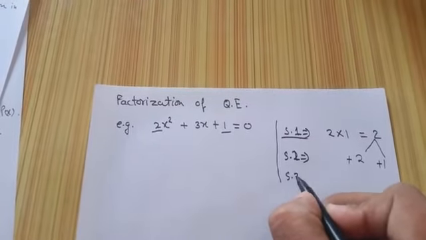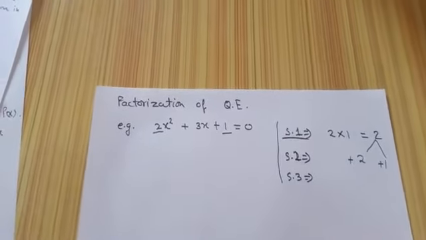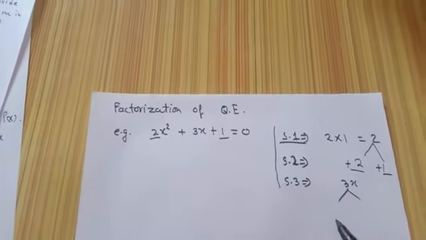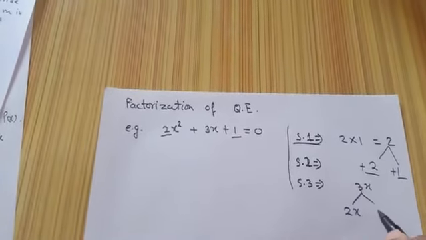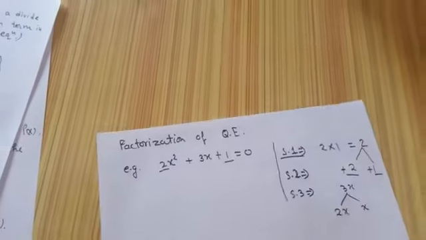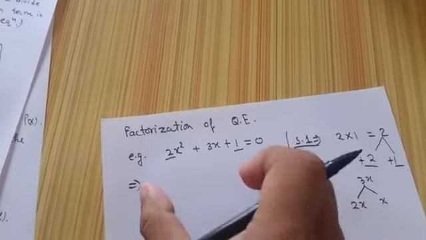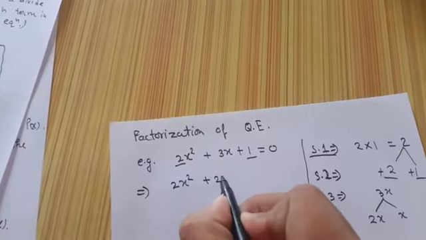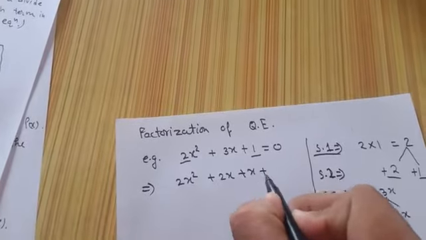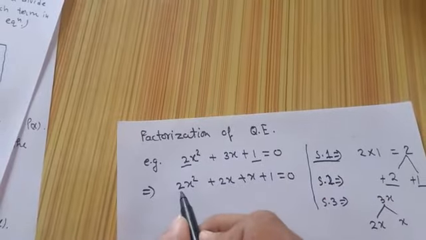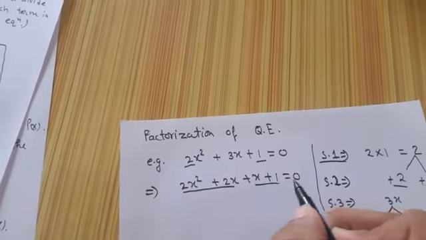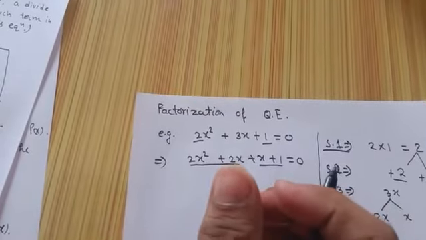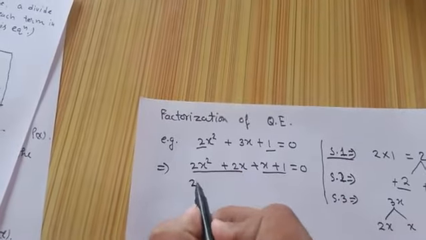And step 3, simply split 3x in the form of these two terms, that means 2x and x, and put this together: 2x square plus 2x plus x plus 1 is equal to 0. Take these terms in pairs and take the common factor, that means 2x.